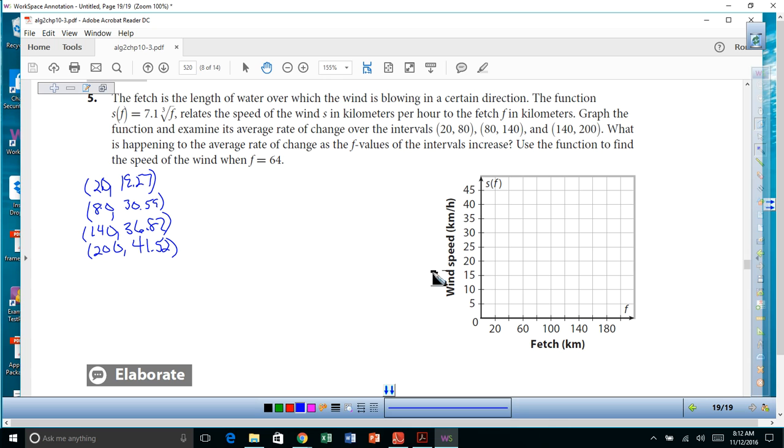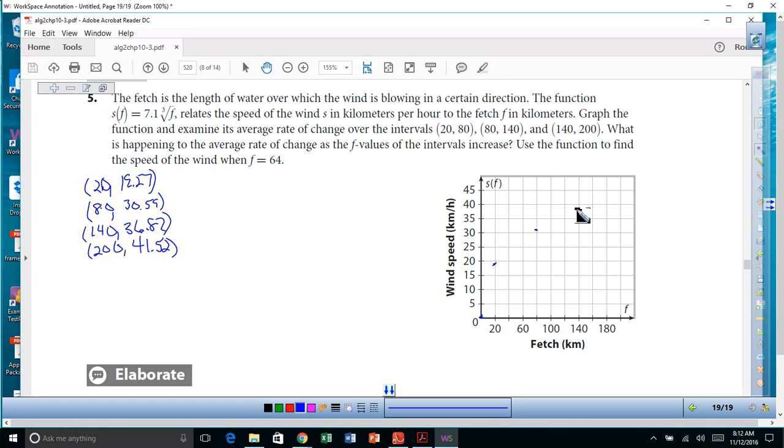Okay, so let's graph those. You got 0, 0. At 20, you got 19.27. That's going to be pretty close to that. At 80, you got 30.59. So that's going to be just a little over there. At 140, you got 36 point.